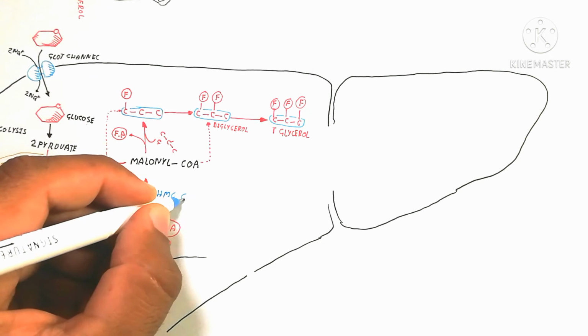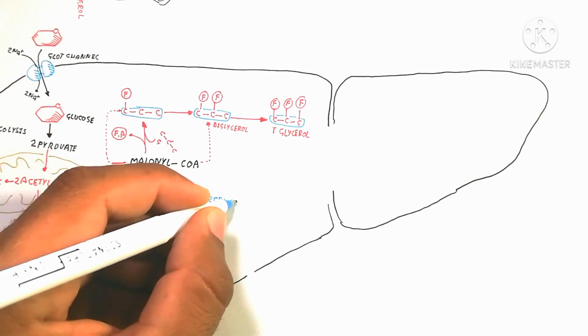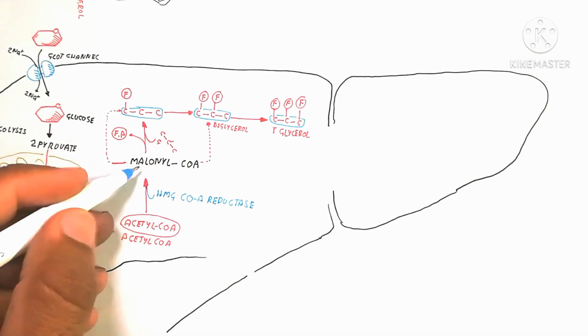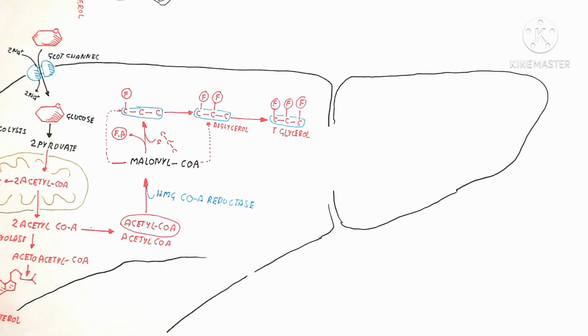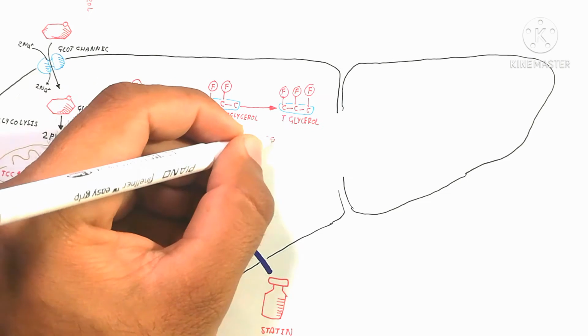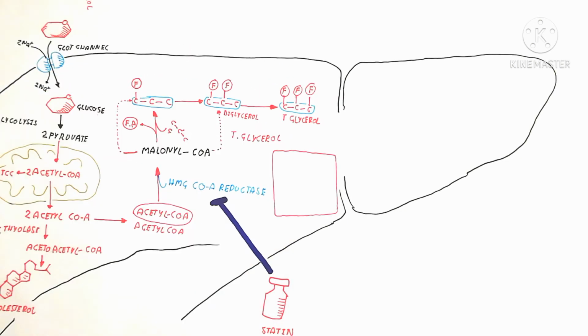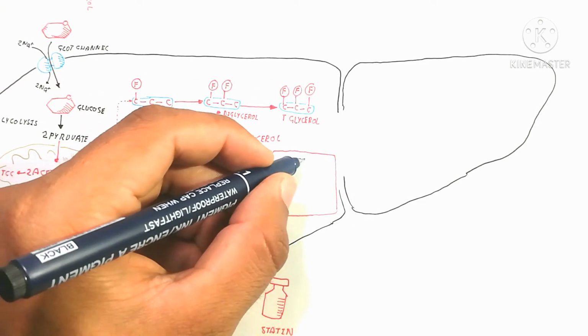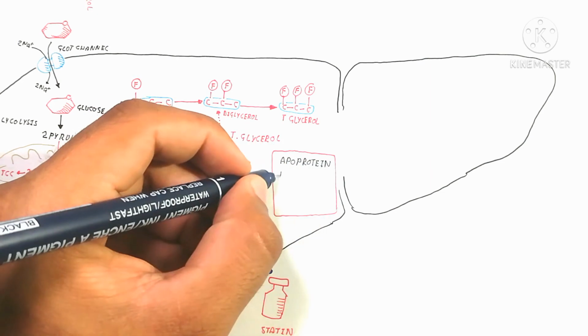On the other hand, here the HMG-CoA reductase enzyme is used. Here the statin is a medicine which inhibits the chemical reaction of acetyl-CoA being converted to malonyl-CoA.